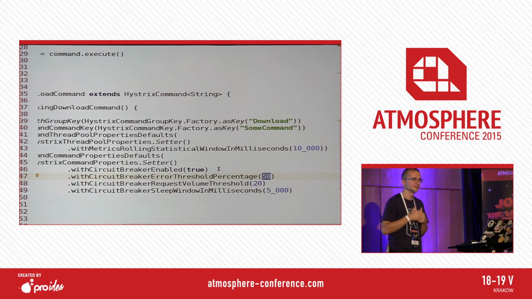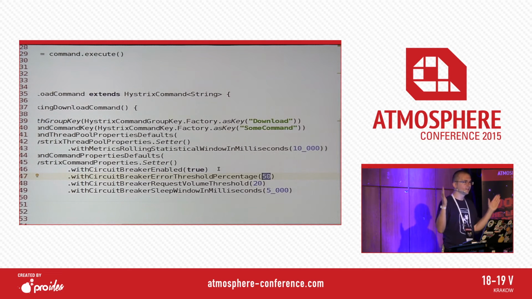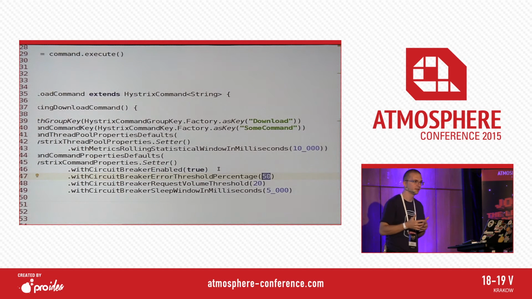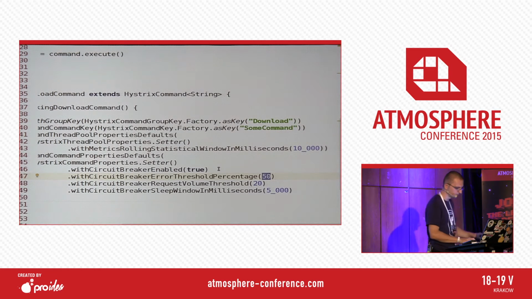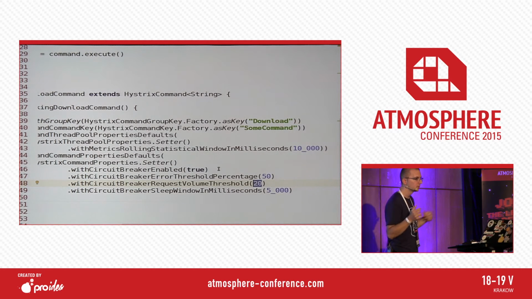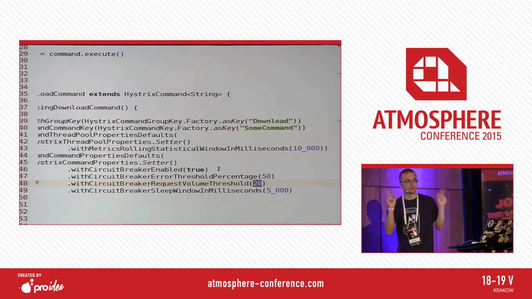Every single command type has a separate one, just like a separate thread pool. So if within these 10 seconds, more than 50% of the commands are either throwing an exception or timing out, this is another configuration parameter, and there are more than 20 requests within this window, so more than 20 requests and more than 50% error rate, please open the circuit breaker.